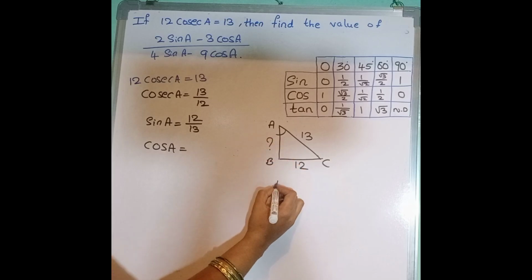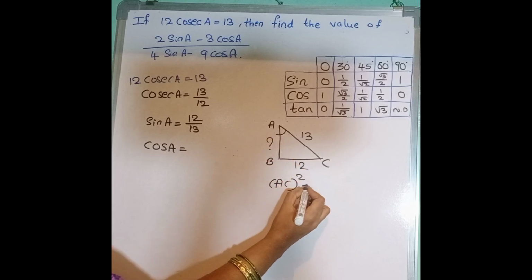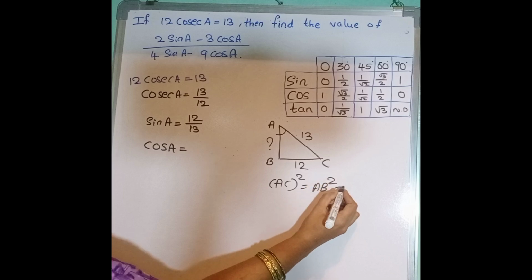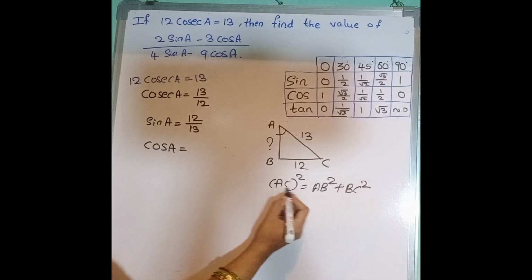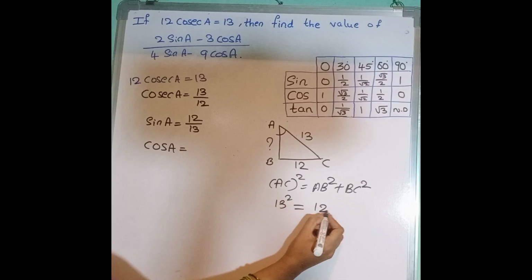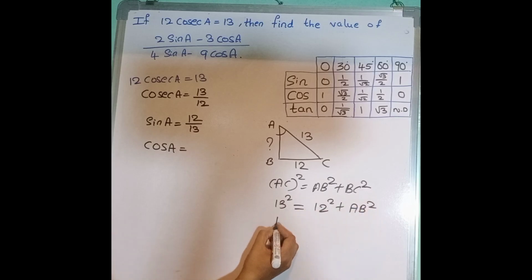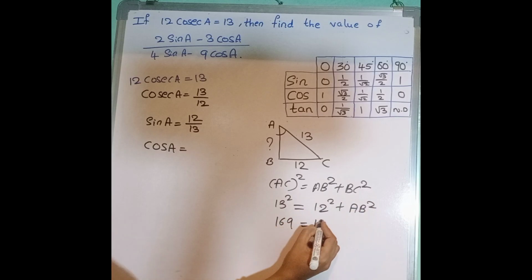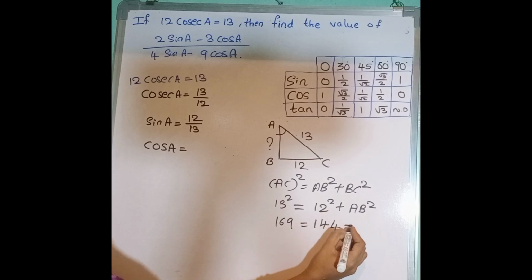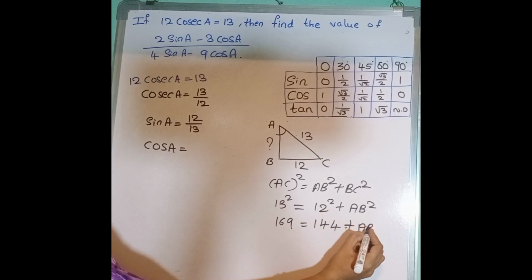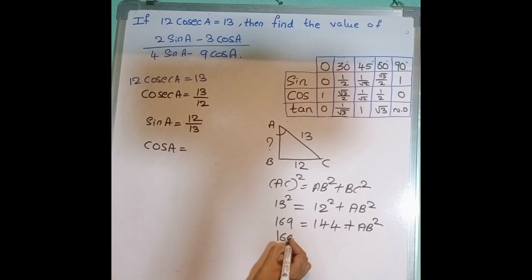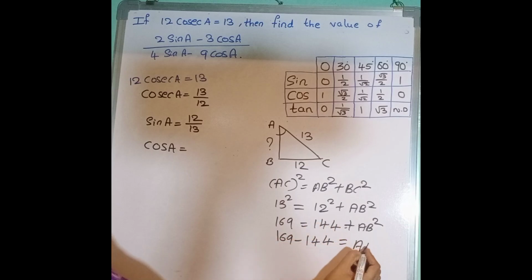You know that by Pythagoras theorem AC square is equal to AB square plus BC square. The value of AC square is 13 square is equal to 12 square plus AB square. Here 13 square is 169 is equal to 144 plus AB square. 169 minus 144 is equal to AB square.